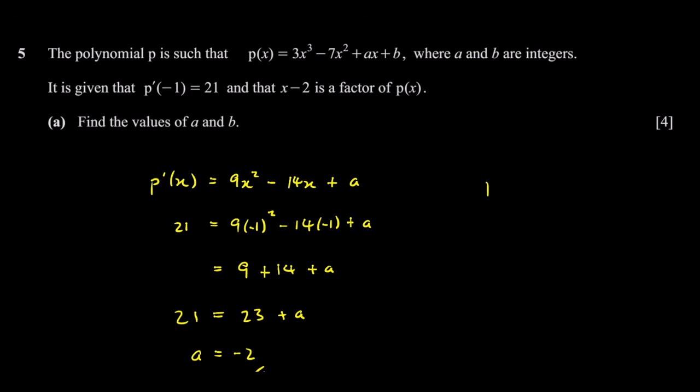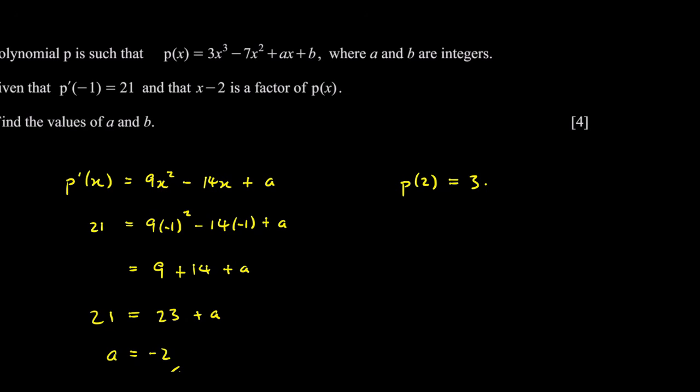So I just substitute 2 into the function. If I substitute 2 in, I should get 0. So I'll get 3 times 2 cubed, which is 8, minus 7 times 2 squared, which is 4, plus a times 2, plus b. We know that that thing has got to be equal to 0. So 3 times 8 is 24, minus 7 times 4, which is 28, plus a times 2.